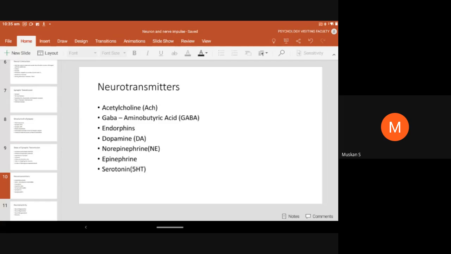Now, this is all about the functions of these neurotransmitters, the excitatory as well as the inhibitory neurotransmitters. Now, the amount of neurotransmitters reflects on how the chemical substance may have an excitatory or inhibitory effect.